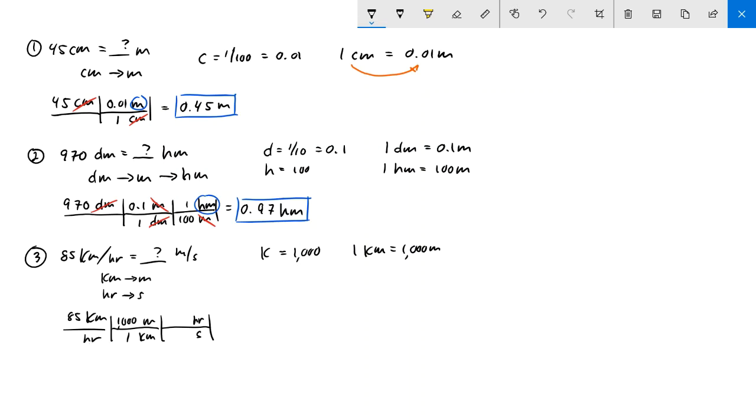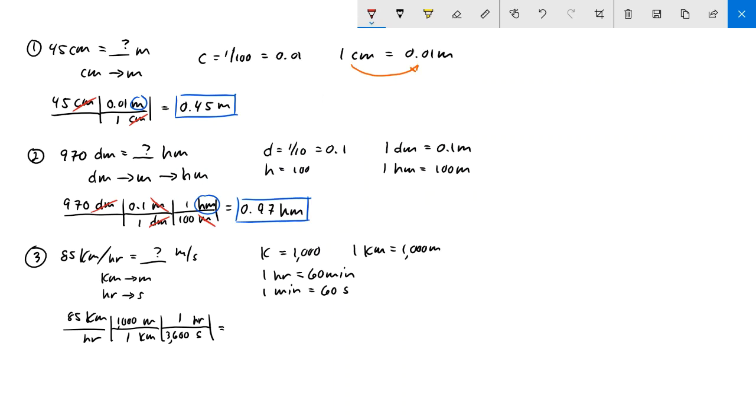So how about the time conversion? Well, 1 hour is the same as 60 minutes, and 1 minute is the same as 60 seconds. So we've got over here, 6 times 6 is 36, and there are 2 zeros, so that's 3,600. So 1 hour is 3,600 seconds.